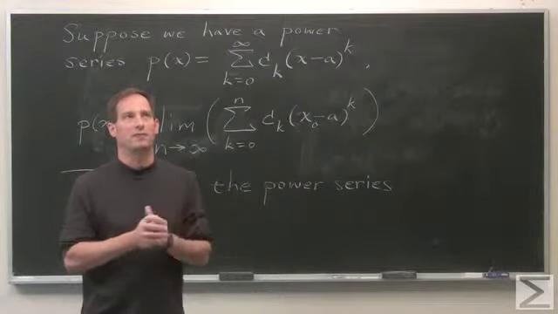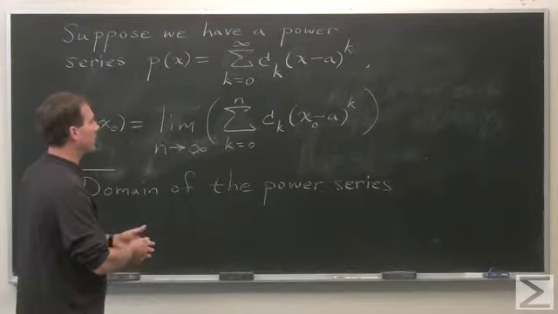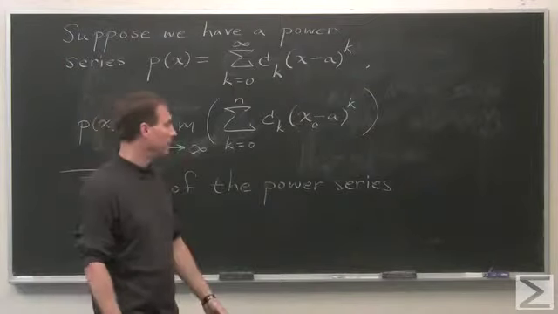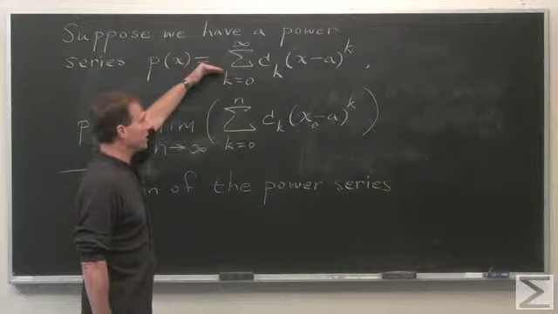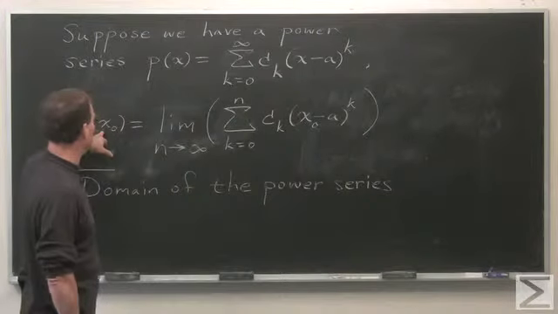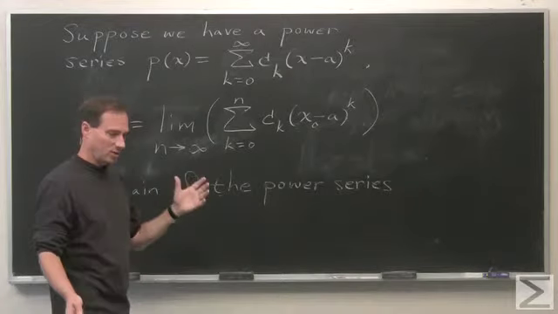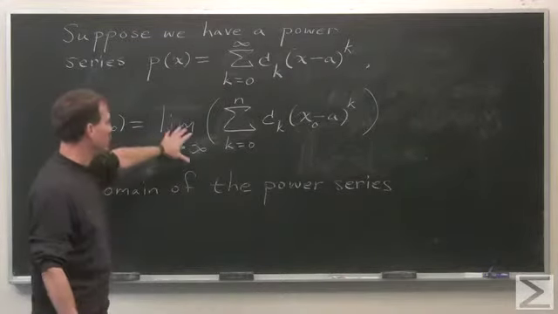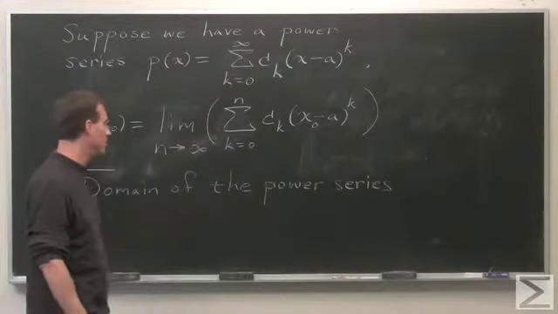We'll essentially always use power series as functions, and the fact that they're also formal algebraic expressions is fine. But at this point, you look at a formal algebraic expression, and then you can ask, for which x naughts does it converge? So in that sense, there are separate things. There's this algebraic expression, and then there's when this limit exists, and when it exists, we define the function by this limit.